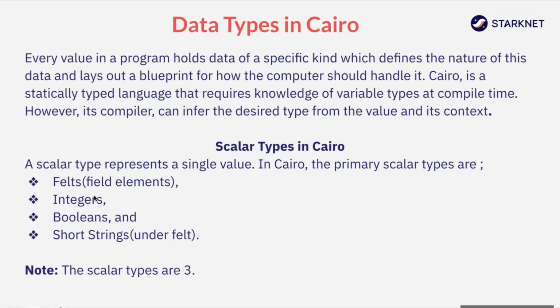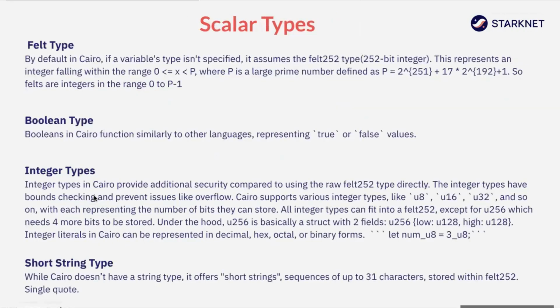So for the felt data type, like I mentioned, by default in Cairo, if a variable type isn't specified, it assumes the felt252 type, which can hold a 252-bit integer. Felt actually means field element.